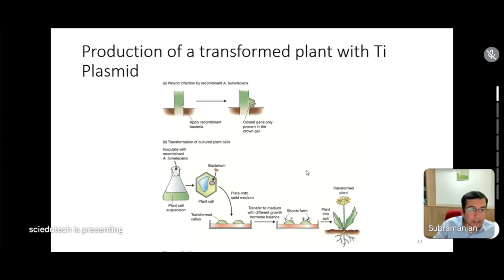Next slide. So this is typically how agrobacterium infects the plant and introduces the gene. This is how we do it. We introduce agrobacterium carrying your gene of interest to infect a plant cell, and that infected plant cell is then placed in a particular growth media to transform it into callus, and then you have several different media compositions for induction of shoot and root respectively, and then your transformed plant is selected on an antibiotic selection media, and then it's transferred to the soil finally.